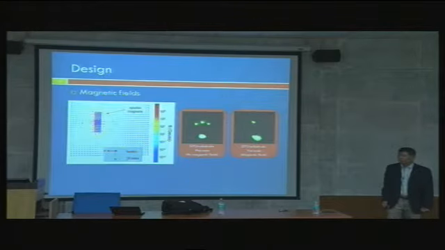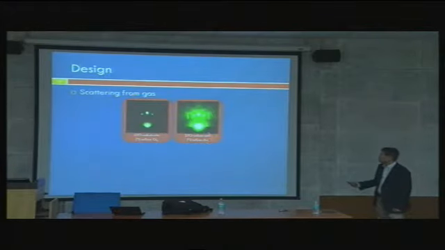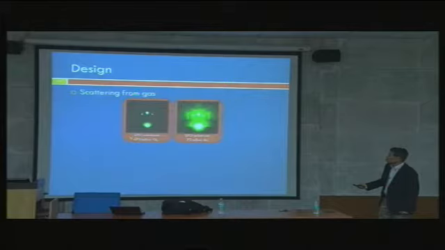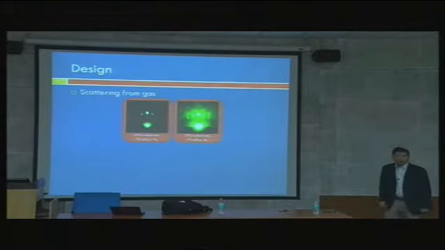And you can see that with oxygen and argon, the oxygen scattering is much less than argon. Even at the same gas pressure, 75 millitorr, oxygen is very bright, but argon scatters a lot more.